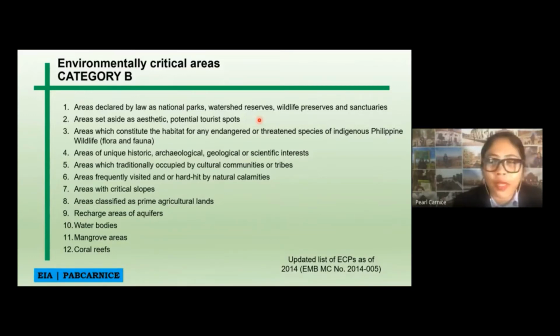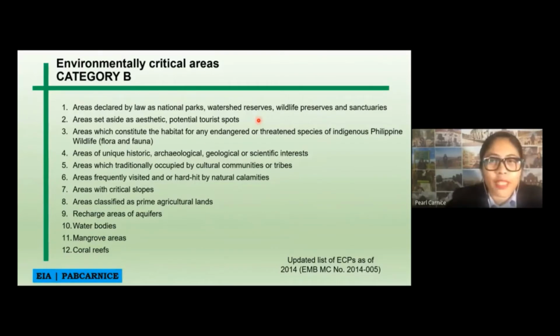It's the same thing with Mount Apo. As far as I know, there are only limited people who can hike and climb Mount Apo in a specific time, because they want to protect Mount Apo, of course, the ecosystem of Mount Apo, and they also have to make sure that the carrying capacity of Mount Apo in handling tourists and hikers is something that Mount Apo can sustain.